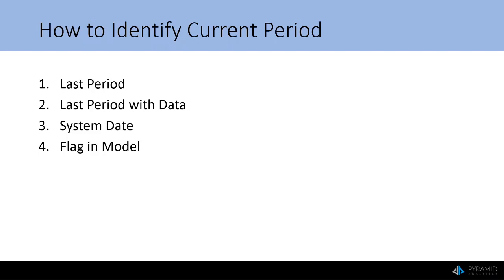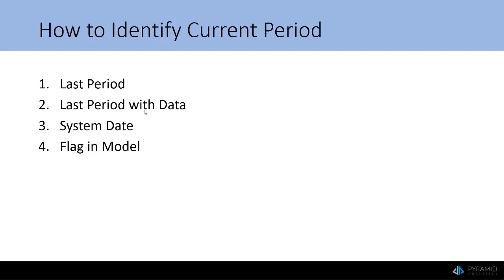So there are 4 examples that I'm going to run through. Chances are there are more options in this, but these 4 will give you a good idea of the ways in which you can identify the current period in your model. So you'll see the 4 listed here. The first one we're going to look at is just identifying the last period in the data set as the current period.